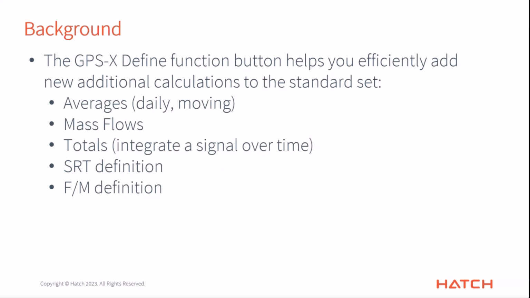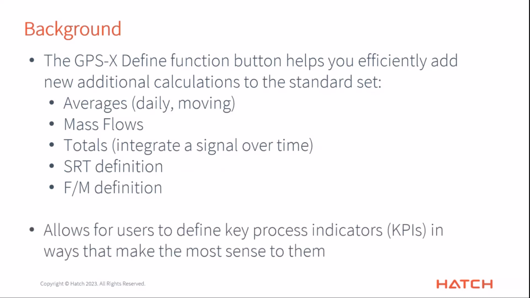We also have mass flows that you can implement throughout the plant. We have totals, that's basically integrating something over a period of time. And then custom ways to set up the definitions of the solids retention time and food to microorganism ratio for your facility in a way that makes the most sense for your particular layout and for your understanding of what those particular parameters mean.